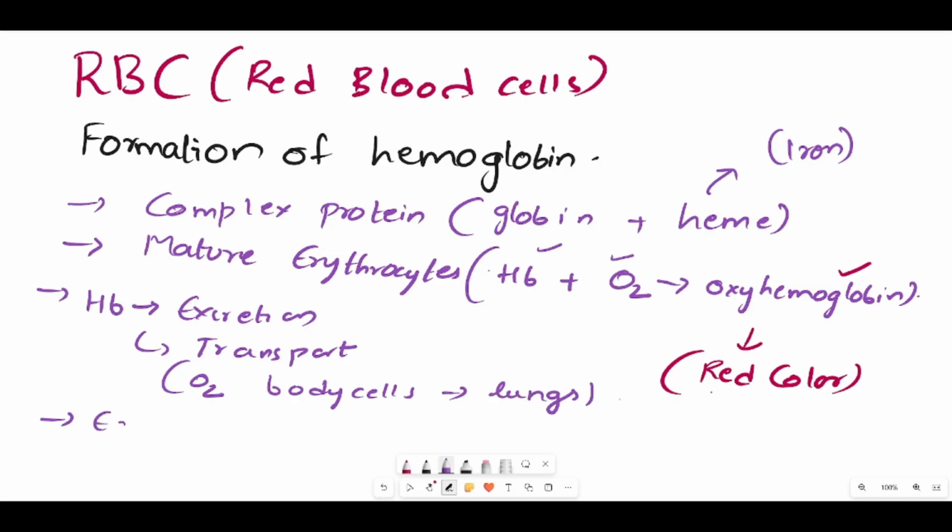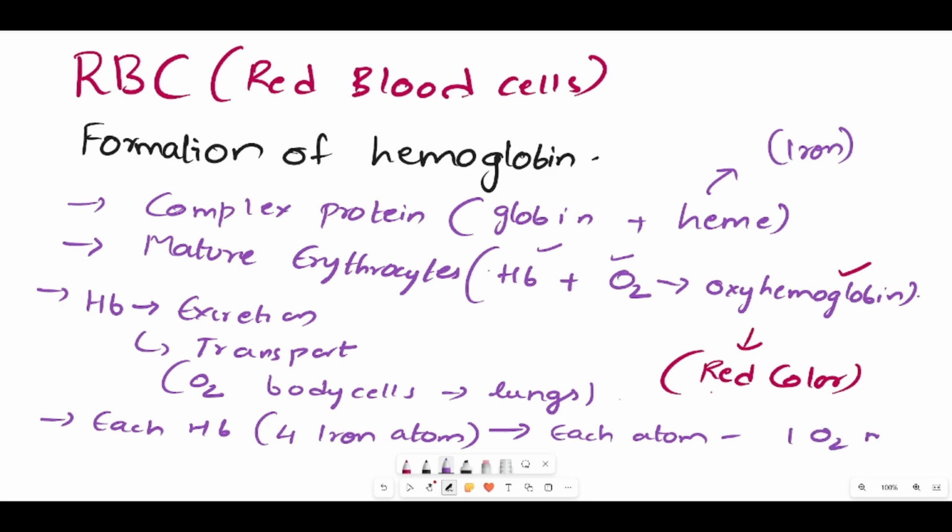If you consider each hemoglobin molecule, it contains 4 iron atoms in it. If you can see the diagram previously, it has 4 iron atoms. One hemoglobin has 4 iron atoms in it, and each atom will be carrying one oxygen molecule.